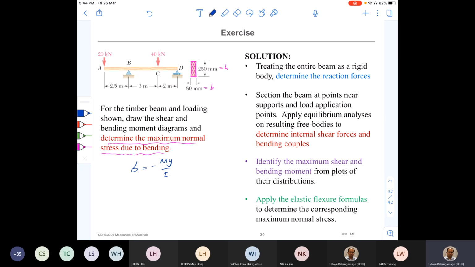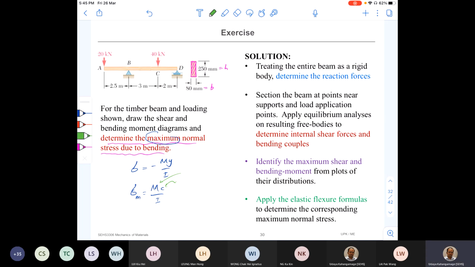But we are now interested in the maximum normal stress. So the maximum stress, sigma max, as a magnitude we write as Mc over I, right? Here c is the distance to the outer fibers from the neutral axis. Okay, and this M should be the maximum bending moment between A and D in this beam, right?